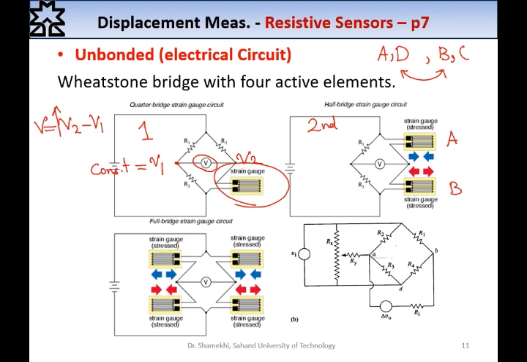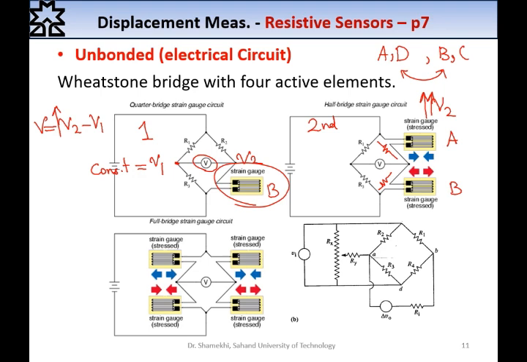Increasing the resistance here and decreasing the resistance here will increase V2 two times.